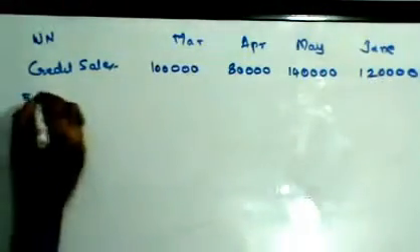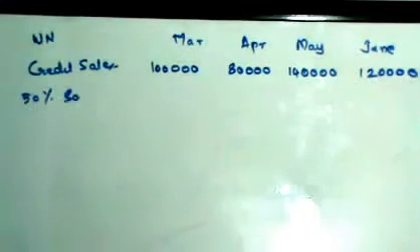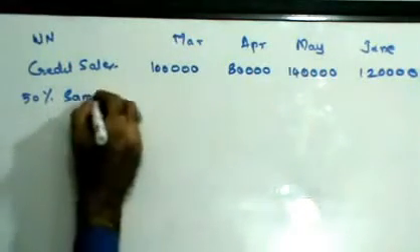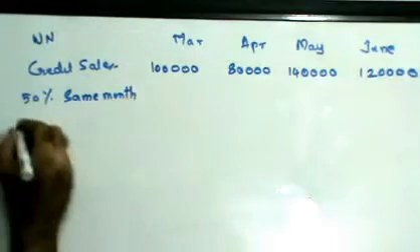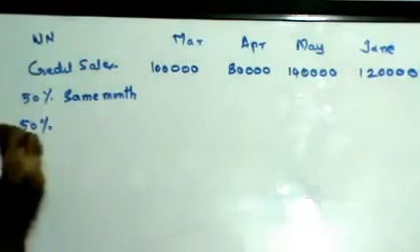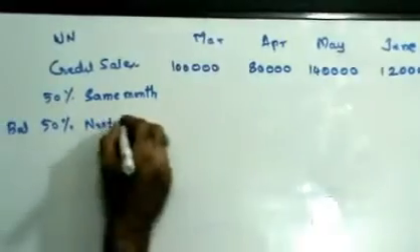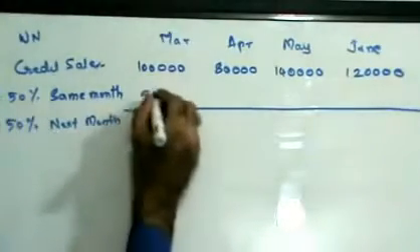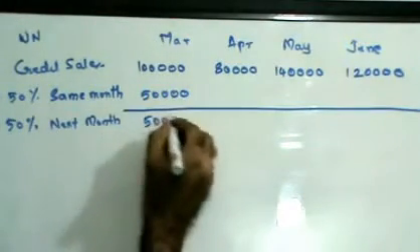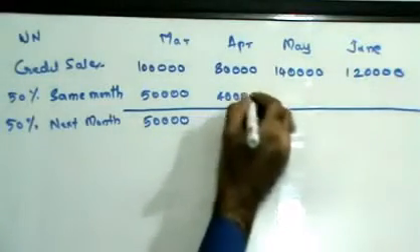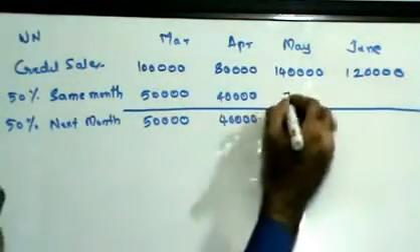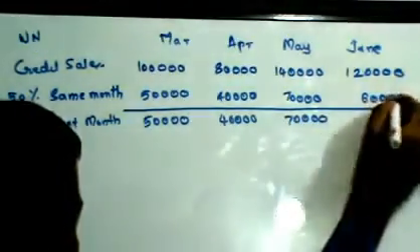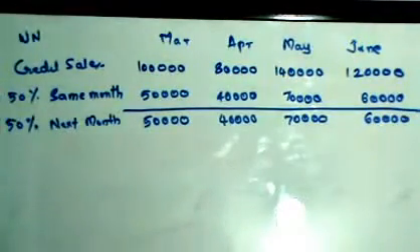Now they are saying credit sales are collected 50% in the month in which the sales is made. So 50% is same month, and the balance 50% is next month. So 50% of 1 lakh is 50,000, balance is 50,000; 40,000, balance is 40,000; 70,000, balance is 70,000; 60,000, balance is 60,000. Okay? Done?